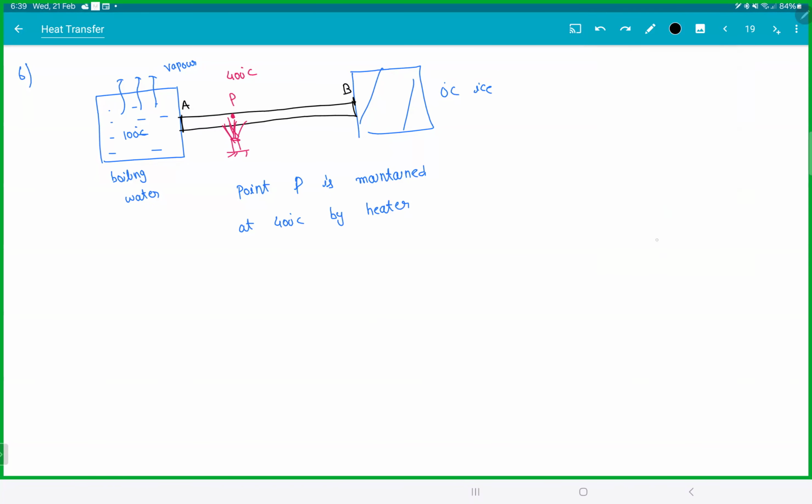So the question is, it is observed the mass of ice melting per second is equal to the mass of water vaporizing per second.